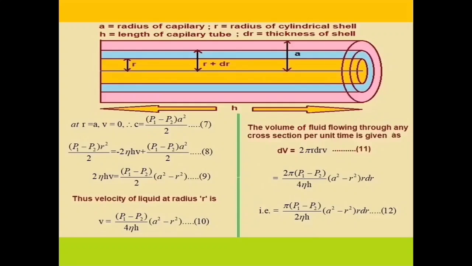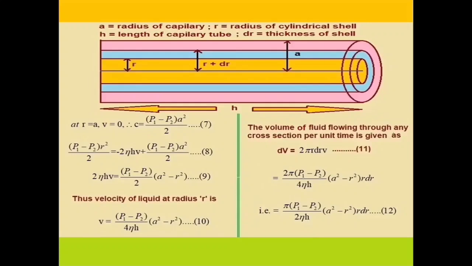Now we will see the volume of fluid which is flowing through any cross section per unit time, which is given as dV, that is change in volume. To avoid confusion, earlier v, that is the velocity, was small v, and here this V is capital V. So d capital V is equal to twice pi r dr and small v, which is velocity.